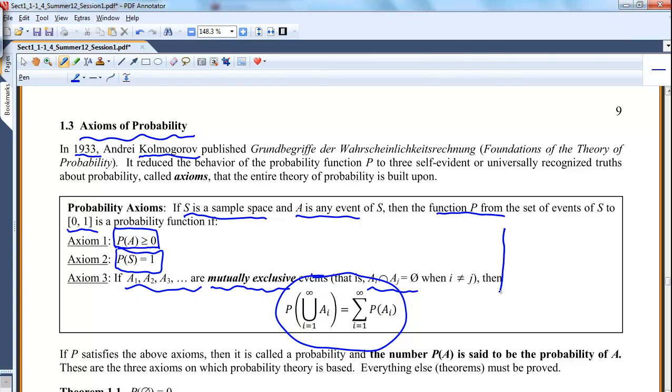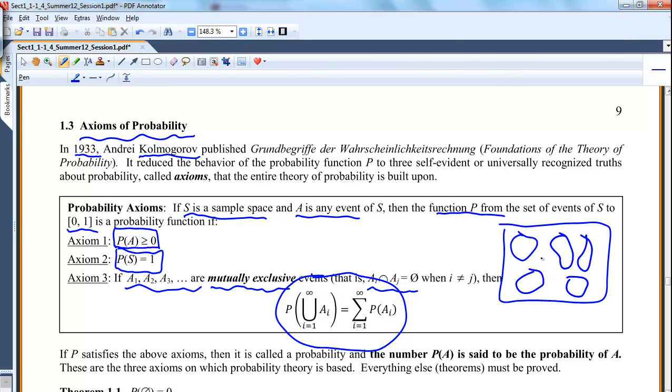So again, just imagine that you had this big space, right? Here's A1, A2, A3, A4, A5, A6. And if I wanted to find the probability of their union, I would just add the probability of this one and this one and this one and this one.